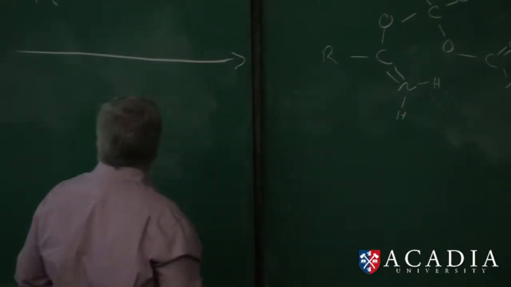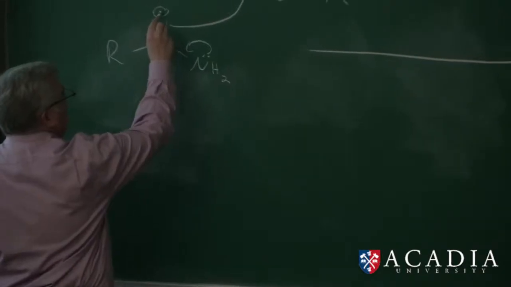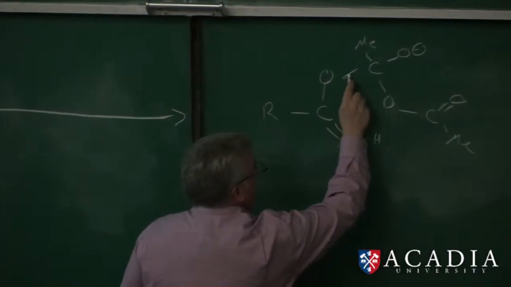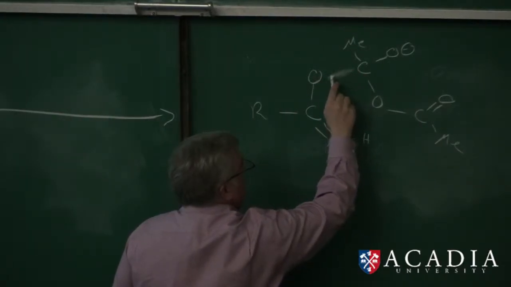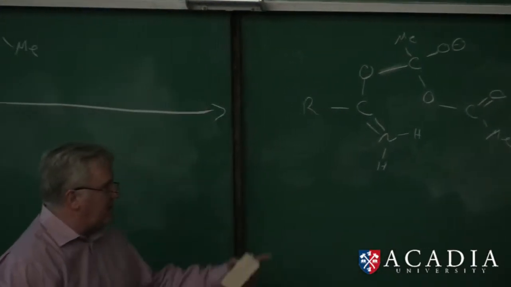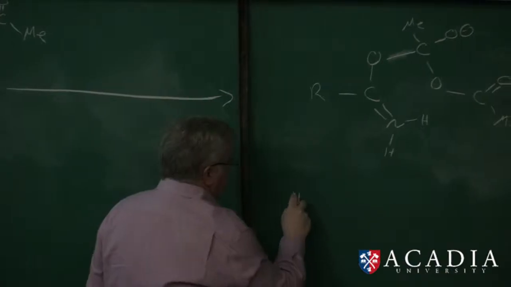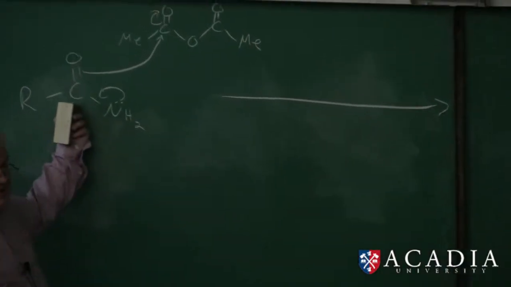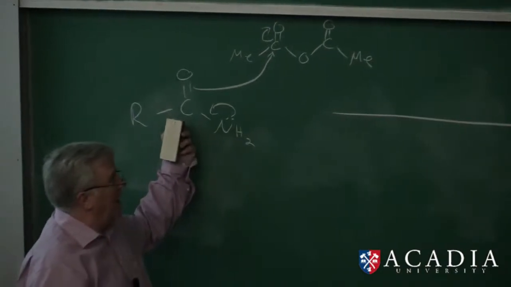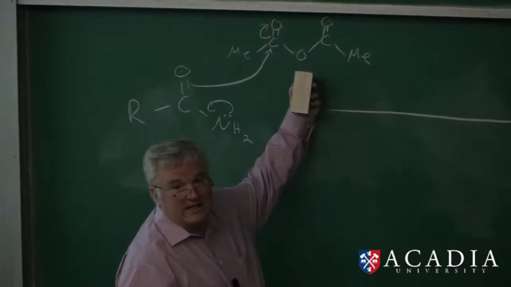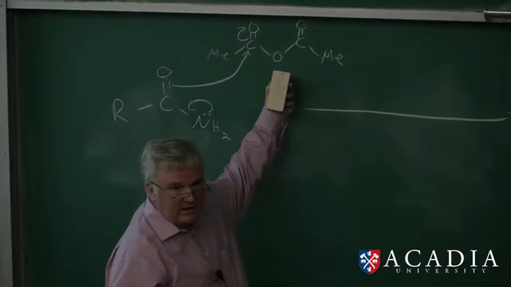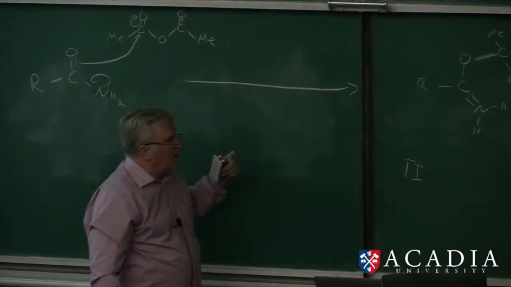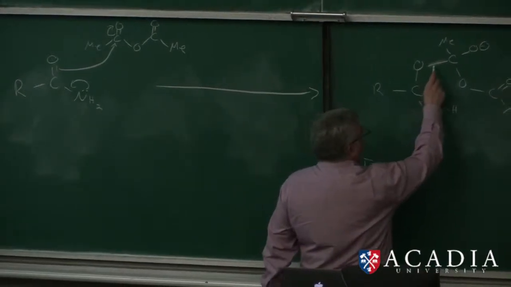So notice now I've just formed a bond between this oxygen and this carbon. That's this bond right here. This is just our tetrahedral intermediate because in this case this is our nucleophile, and it's adding to acetic anhydride, which is very electrophilic. That's why that first step will go. That's the new bond we formed.